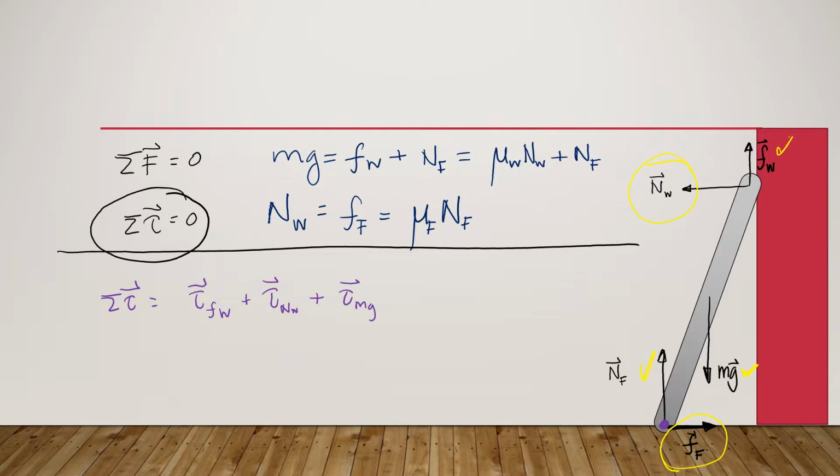All right. So if you recall, torque is R cross F. And so we're going to be looking for the R value for each one of these and the force.